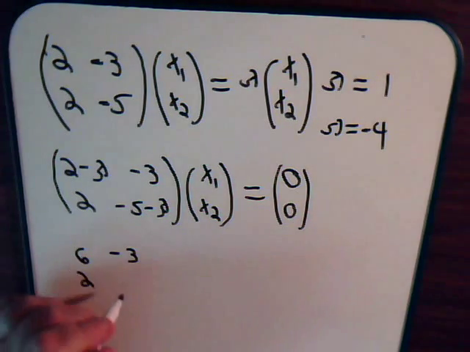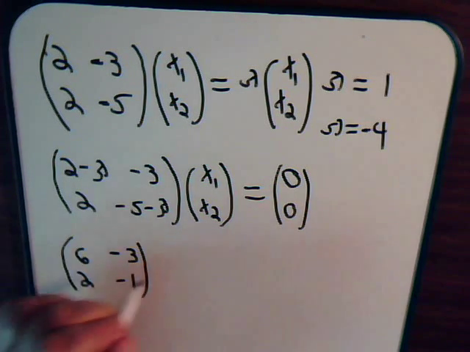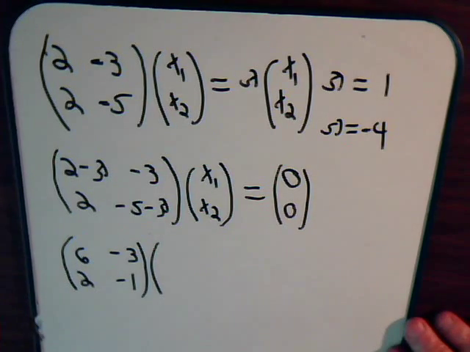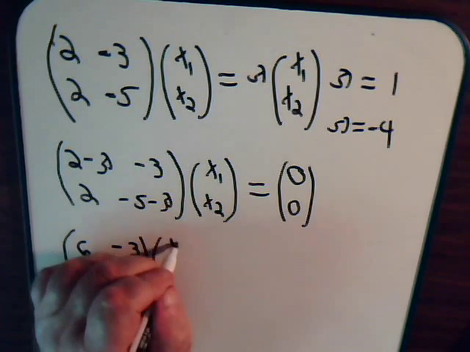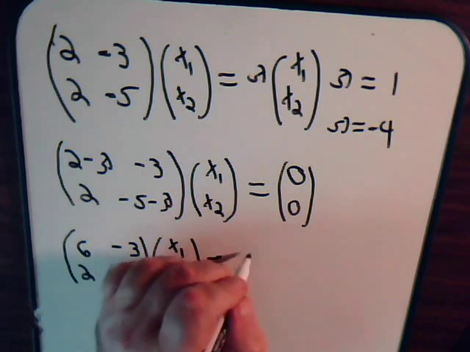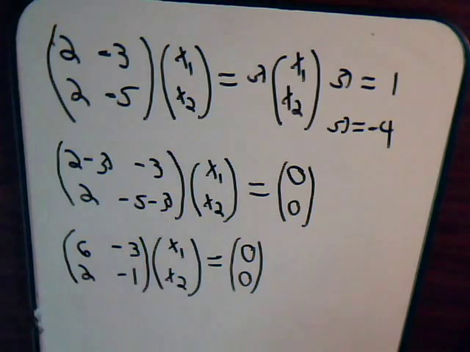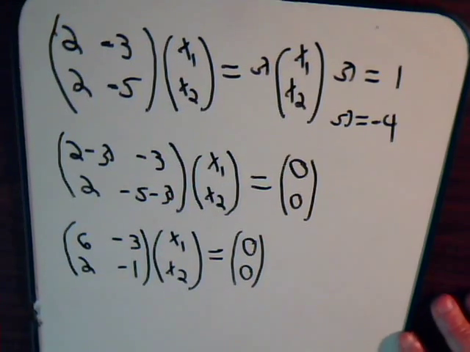That would be minus 1. So this times this equals 0. And these equations are pretty trivial, but let's just go ahead and write the augmented matrix.